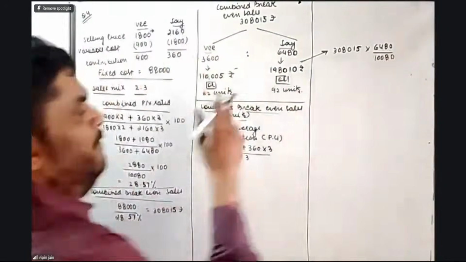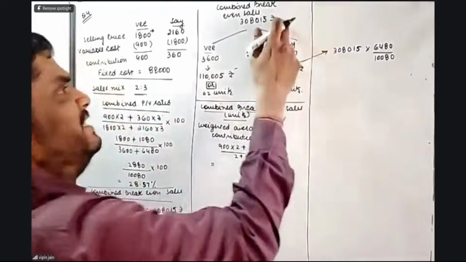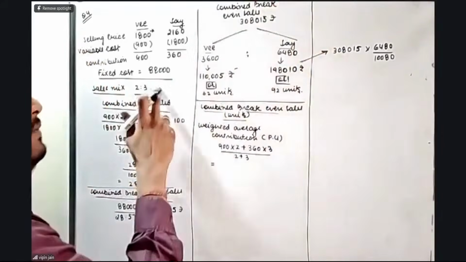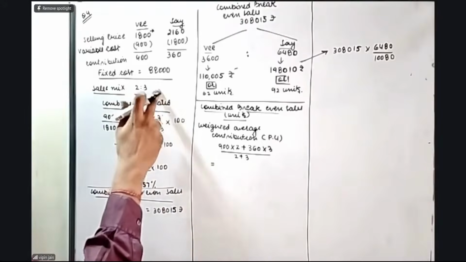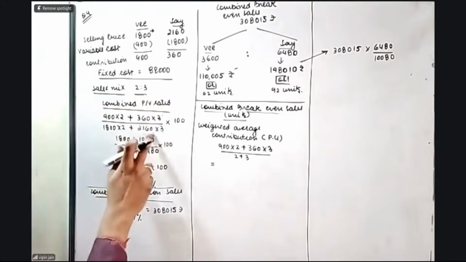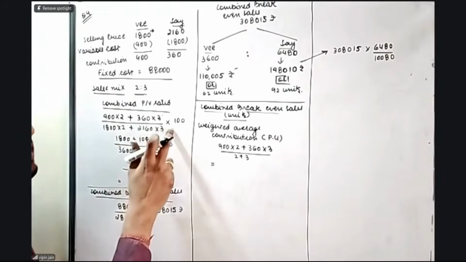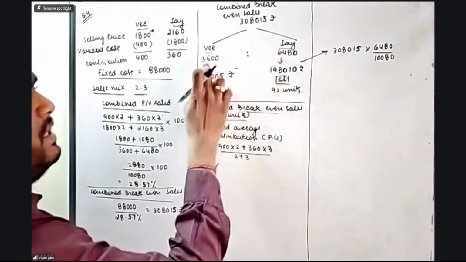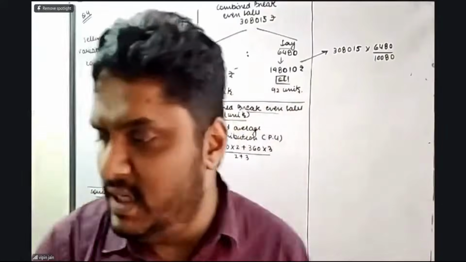We are distributing it in the sales ratio because herein the price is important and quantity is also important. So we will not simply distribute it in the ratio of 2:3. 2:3 is important, but apart from 2:3, the selling price is also important. So 1800 into 2, 3600, and 2160 into 3, 6480. So this will be the ratio I am using, 3600 and 6480, to calculate these values. I hope it is clear, Ashok, now.